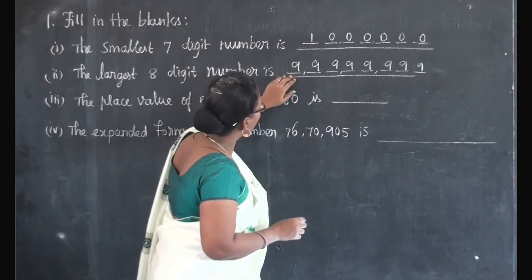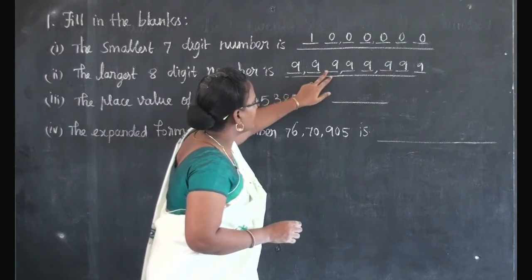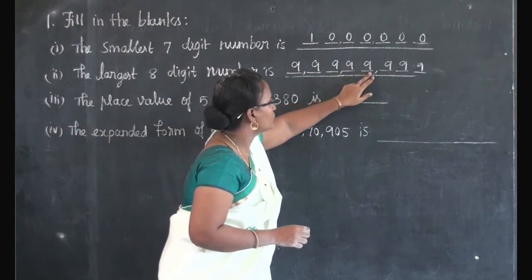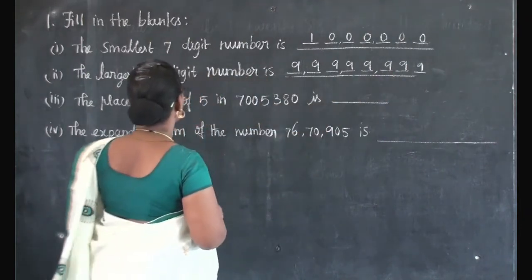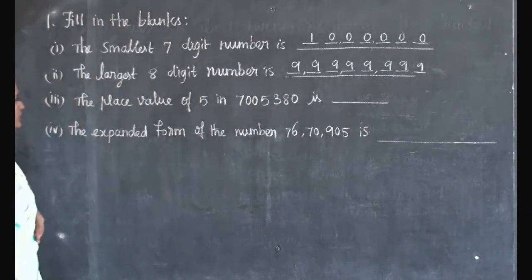How do you read out? 9 crores, 99 lakh, 99,999 is the largest 8-digit number.